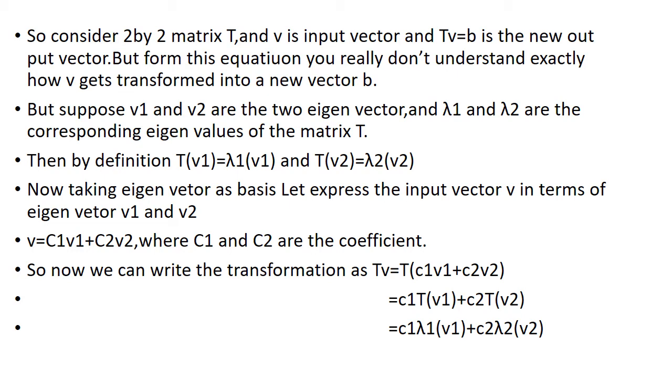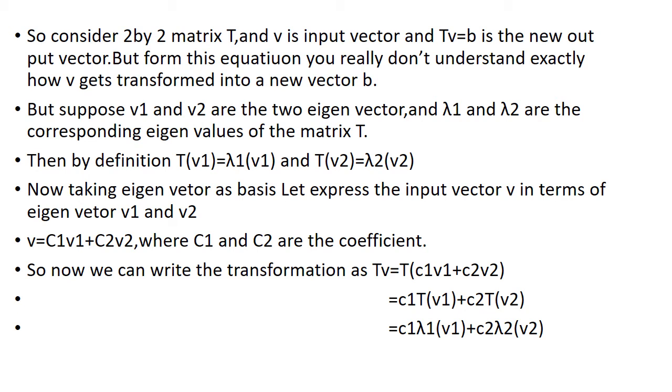So T of v1 is equal to lambda 1 v1, and it is the same for the eigenvector v2. So T of v2 is equal to lambda 2 v2. So now, taking the eigenvectors as a basis, let's express the input vector v in terms of the eigenvectors v1 and v2 of the linear transformation T. So v is equal to c1 v1 plus c2 v2, where c1 and c2 are coefficients.